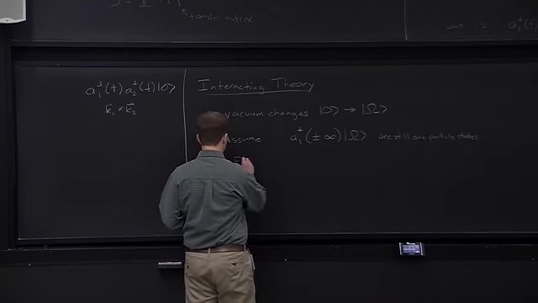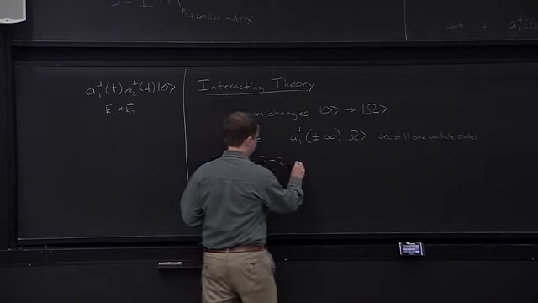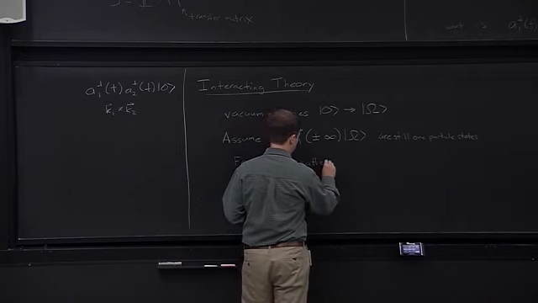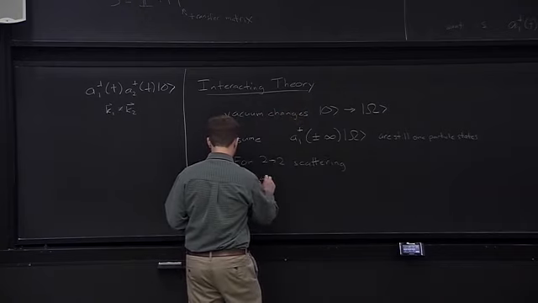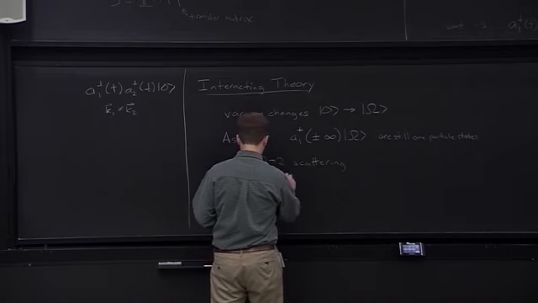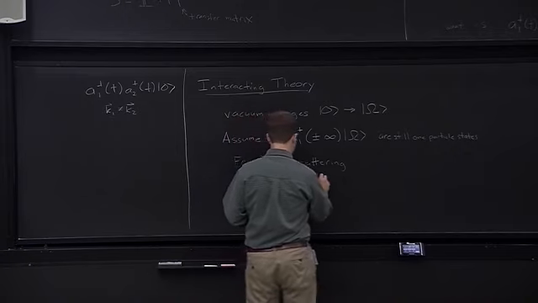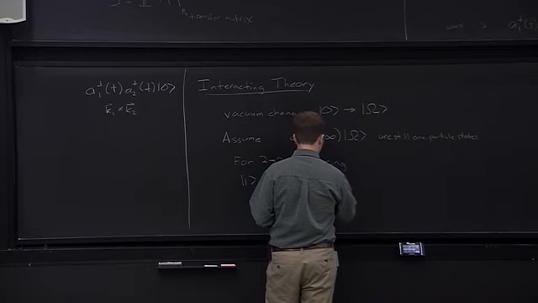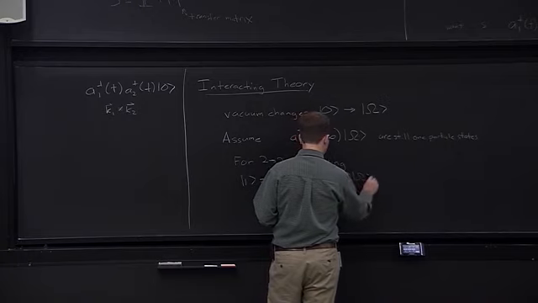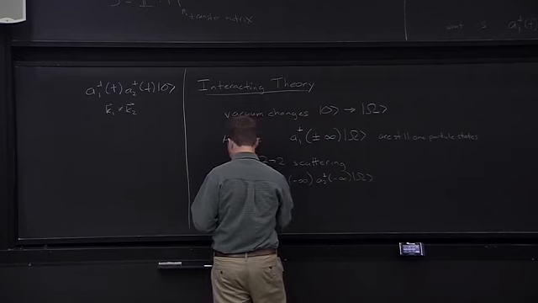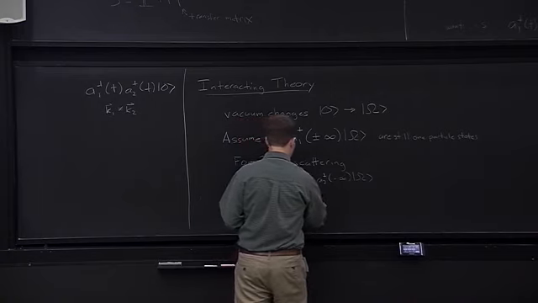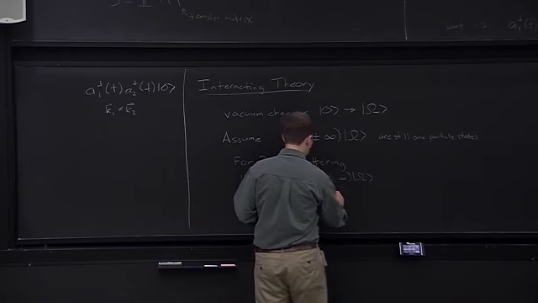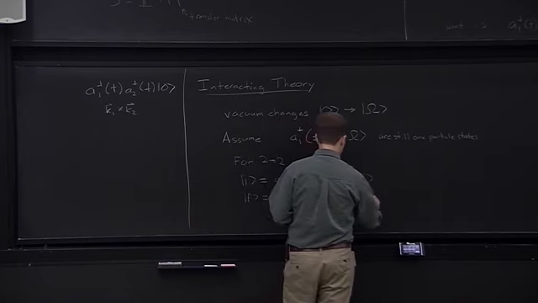So for 2-to-2 scattering, we can write down an initial state, which is just A1 dagger at minus infinity, A2 dagger at minus infinity, acting on omega, and a final state, which is A3 dagger at plus infinity, A4 dagger at plus infinity, acting on omega.